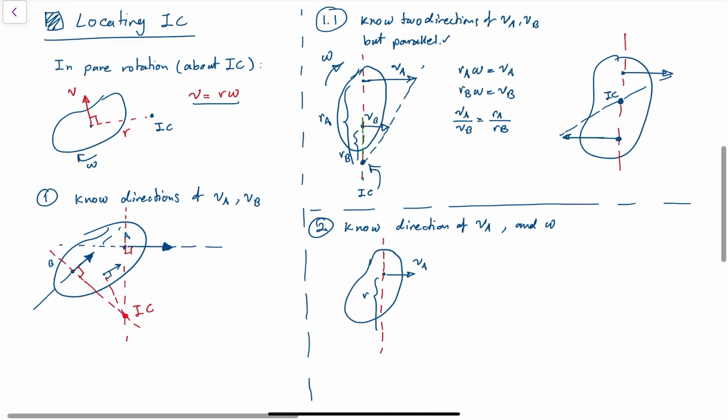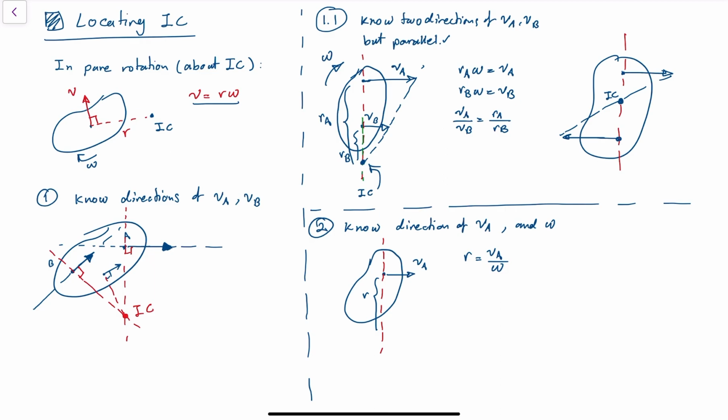You can calculate r by dividing VA by omega. You need magnitude too, right? Yes, you need direction and magnitude.